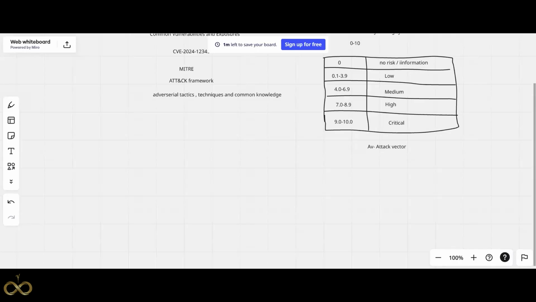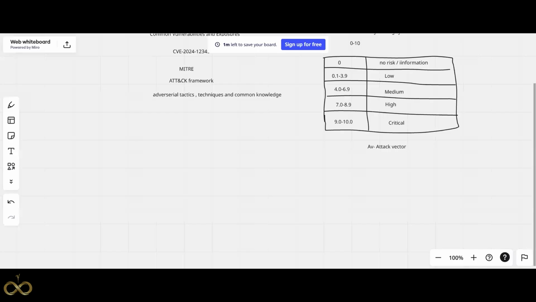Attack vector says where can an attack exploit it? What are the possible values? It can be network, it can be adjacent network, it can be local, it can be physical. So there are values given to it.